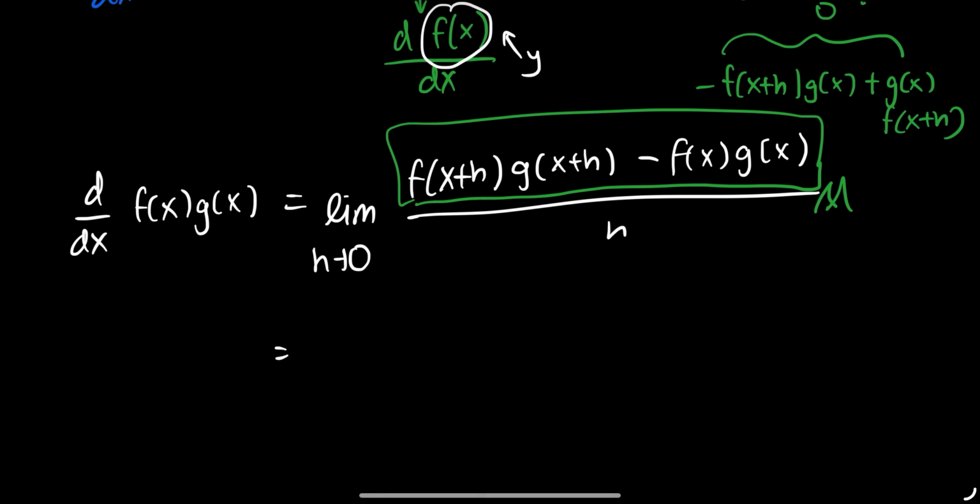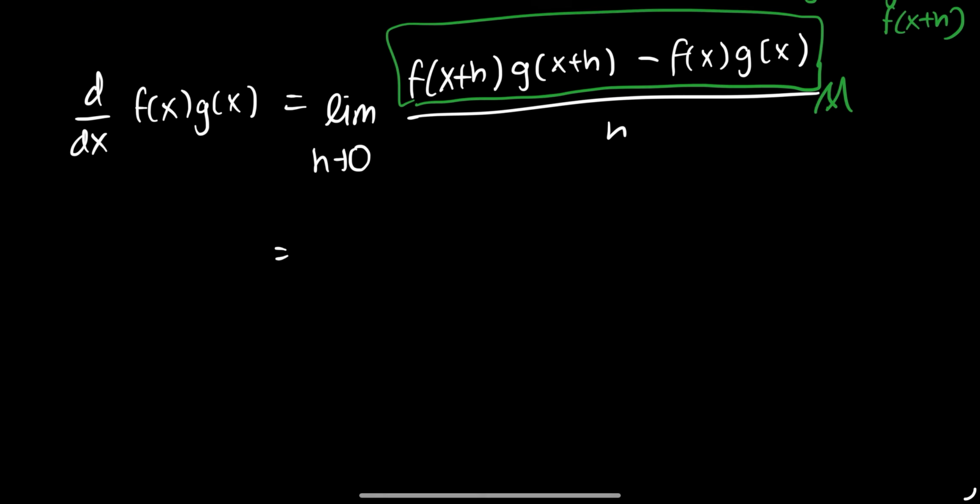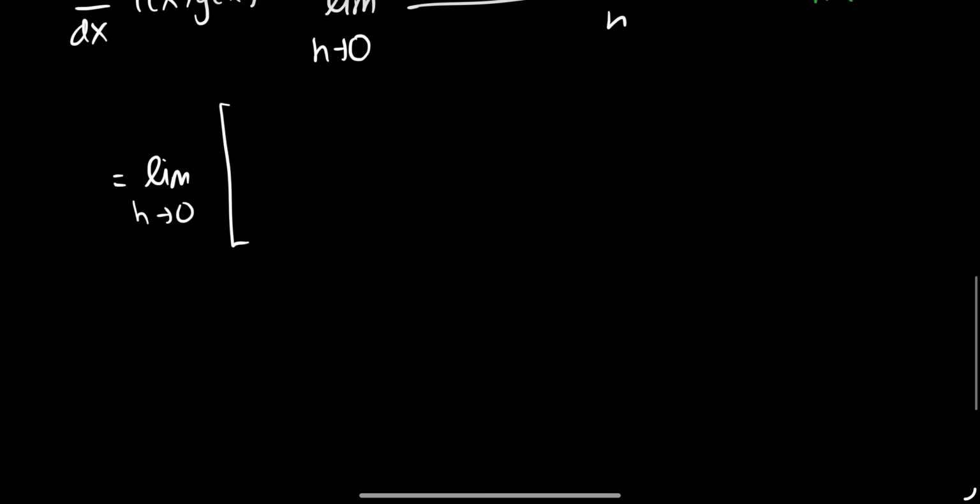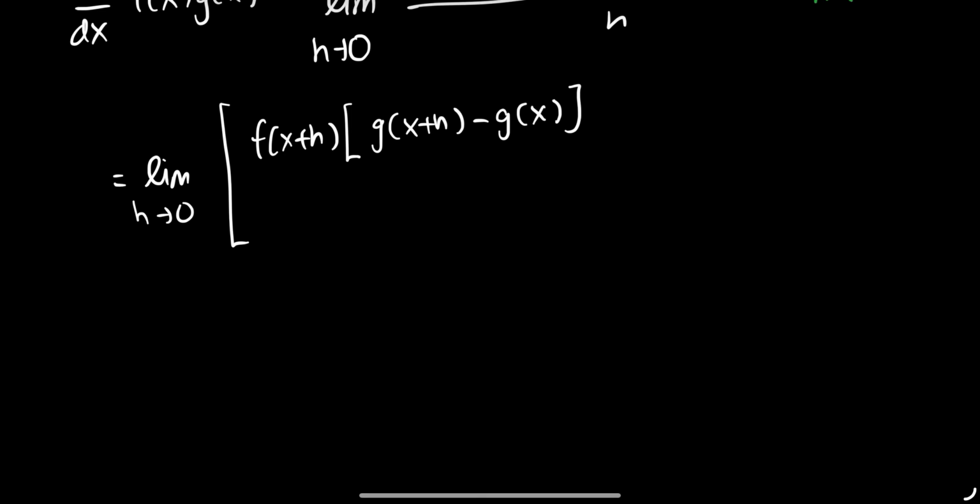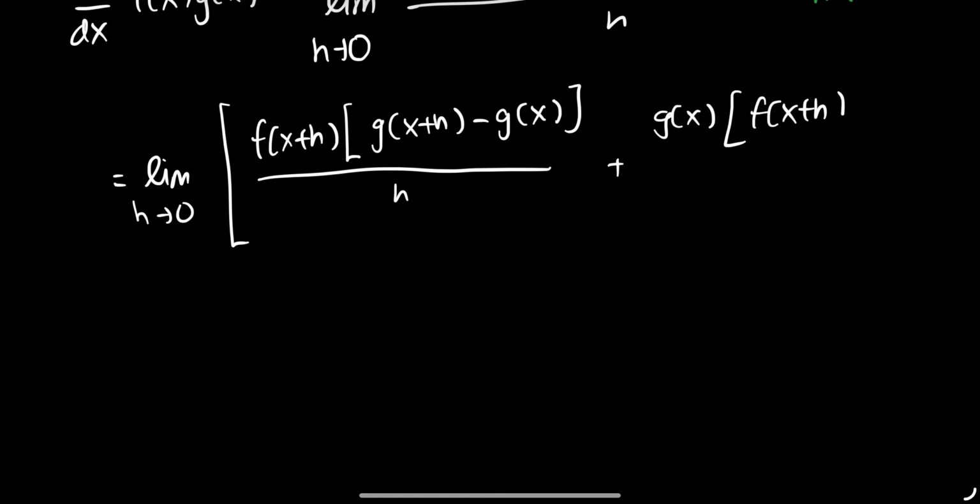Now, I'll try to split the entire limit. So, I think I'll need more space. Limit of h approaching 0. Now, it's just f(x plus h) times g(x plus h) minus g(x) over h, and this is the same thing as g(x) times f(x plus h) minus f(x) over h, right?